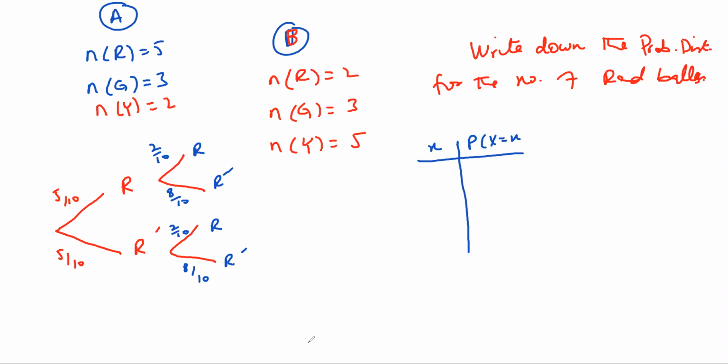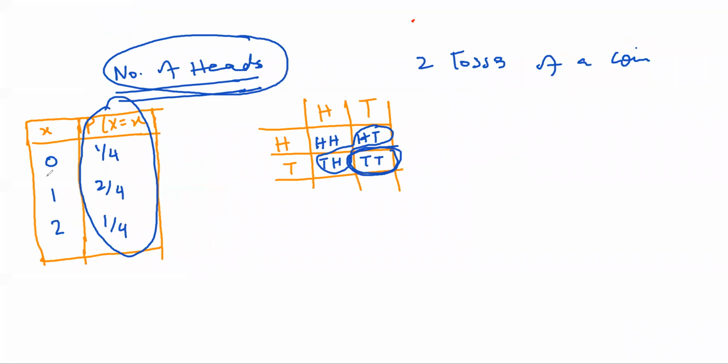Hadia, what are the possible numbers of red balls in this experiment? Hadia, quickly tell me. The number of red balls, how many red balls could there be? If you look at this example here, the number of heads could be 0, it could be 1, it could be 2. So what are the possible numbers of heads here?